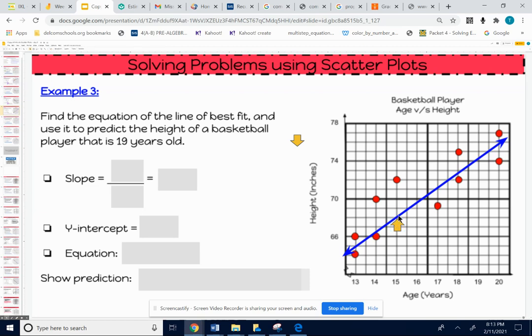I'm kind of thinking this point is better as far as being the corner. Maybe even this one. I'm just going to stick with that one. As long as you're trying to find two points that are pretty close to being on a corner, it's all good.